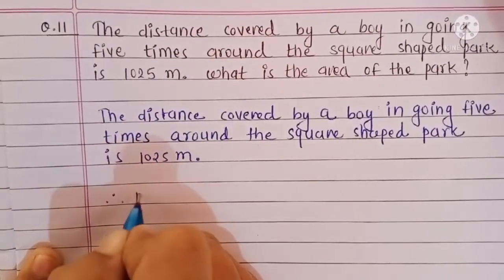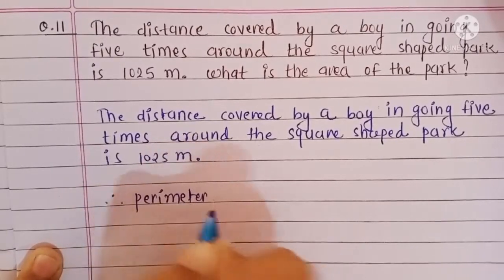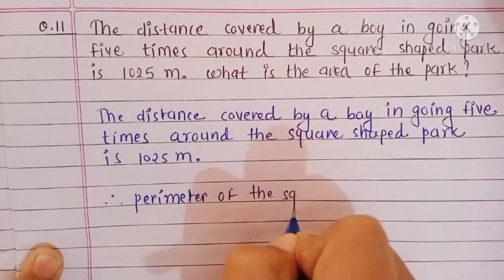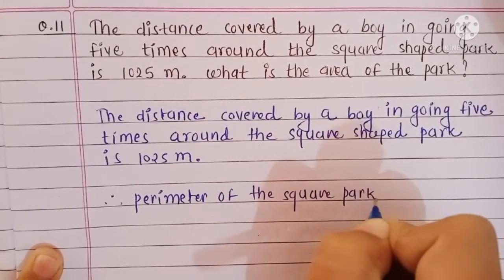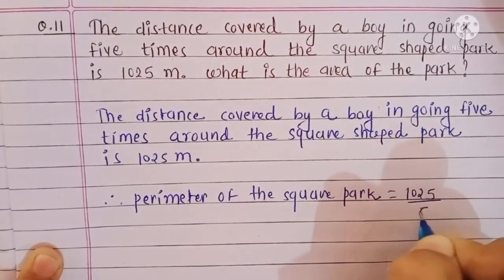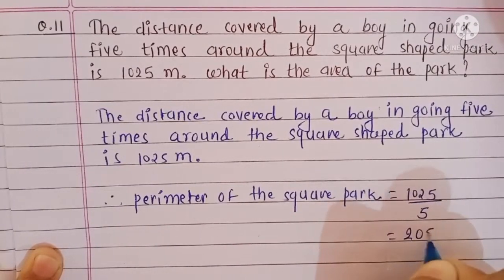Therefore perimeter of the square park is equal to 1025 upon 5. This is equal to 205 meter.